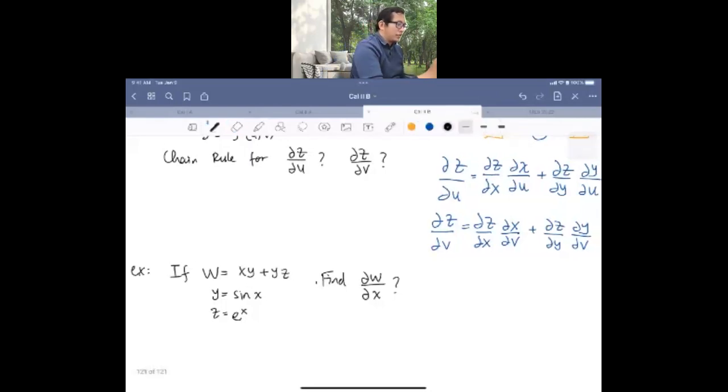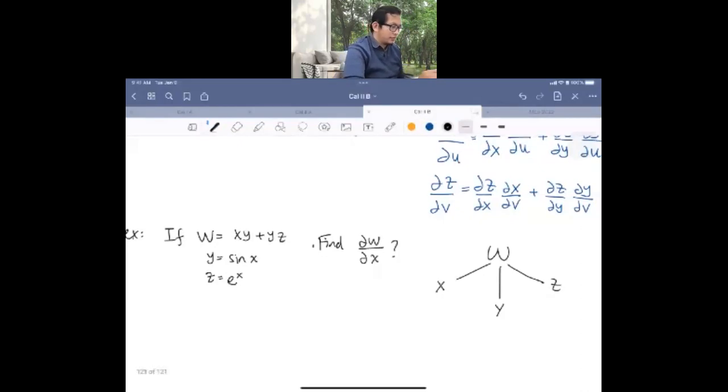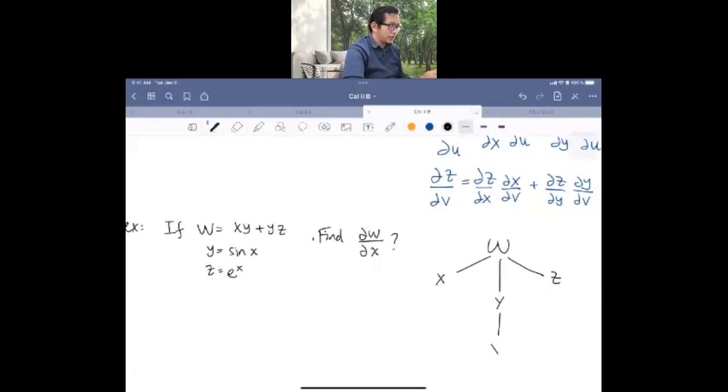So if we draw the diagram, we start from w, and then x, y, and z. Each of y and z is going to have x. I think this is just our diagram, nothing more, according to the information given.